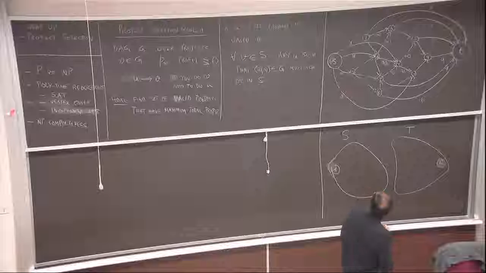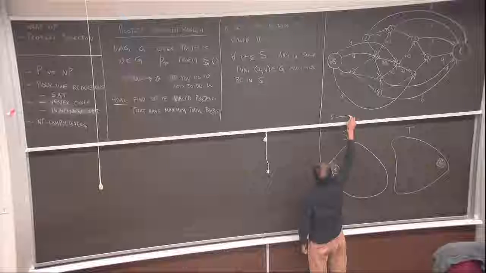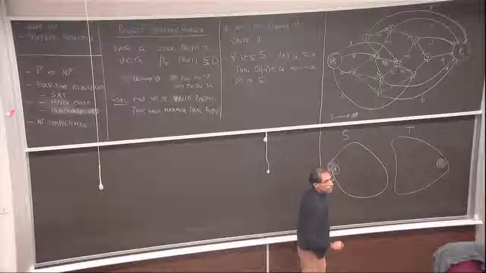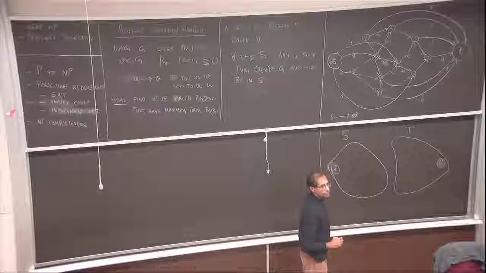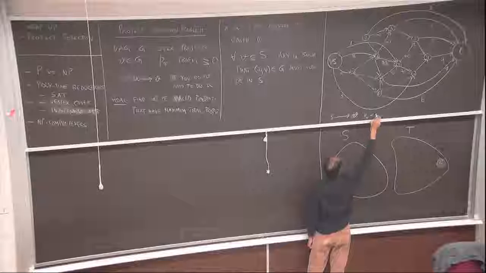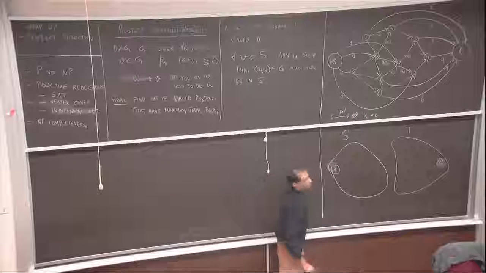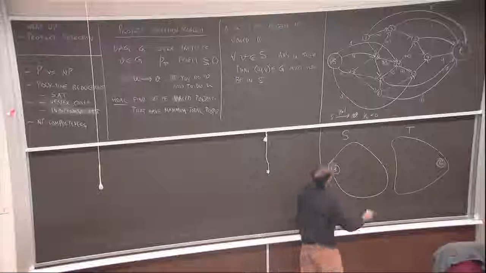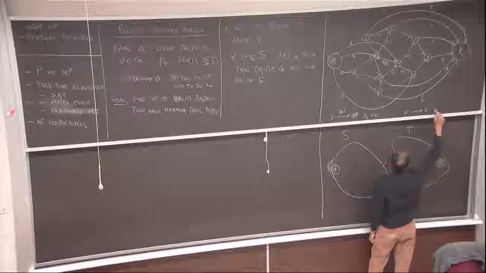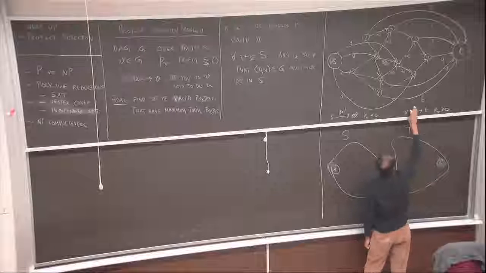Then from little s, we added an edge to a vertex v if its profit was negative. And if its profit p_v is negative, we put a capacity equal to the absolute value of this.